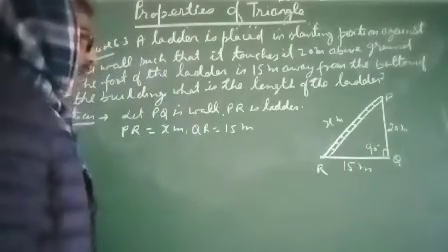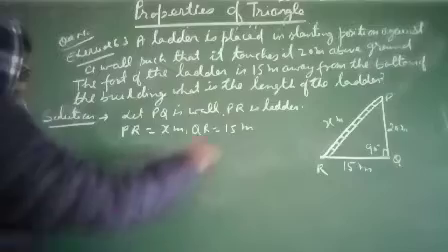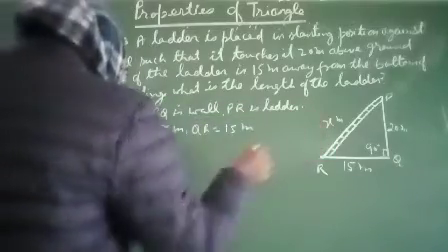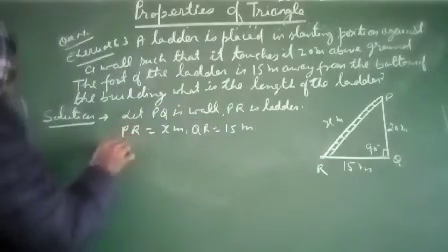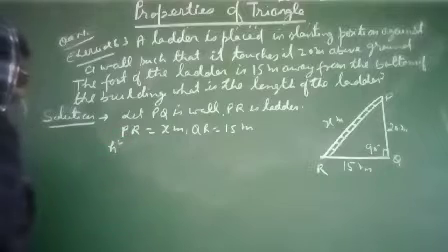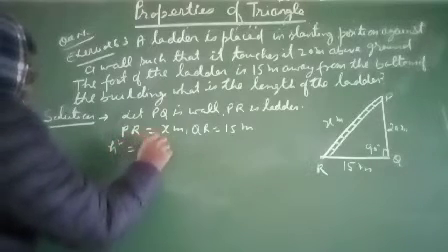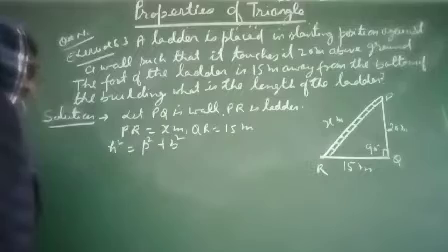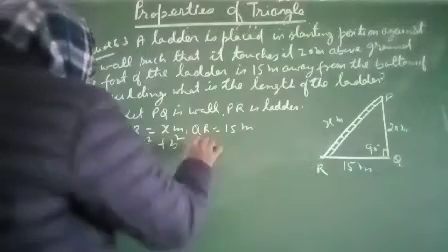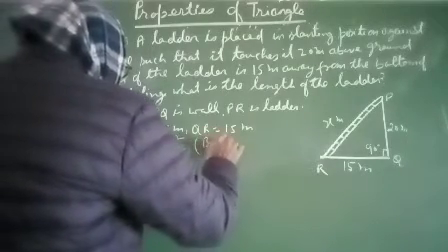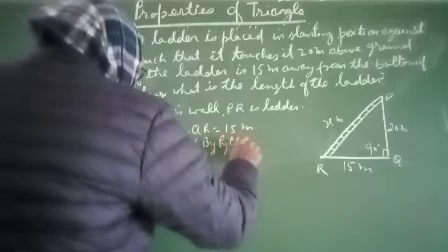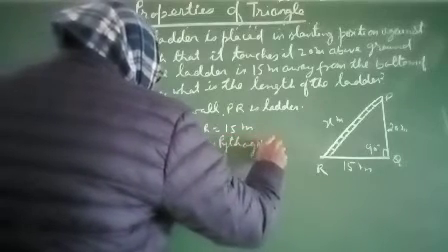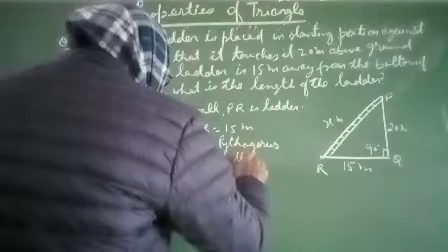So according to the Pythagoras theorem, hypotenuse square equal perpendicular square plus base square.